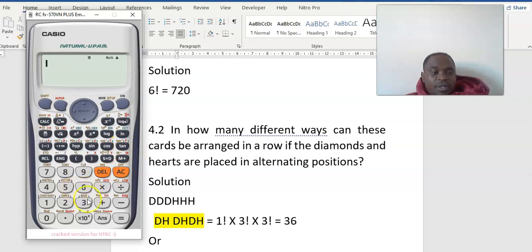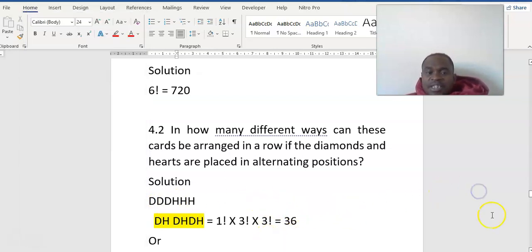So we have 1 factorial, which is 1, times 3 factorial times another 3 factorial. And this gives us what?